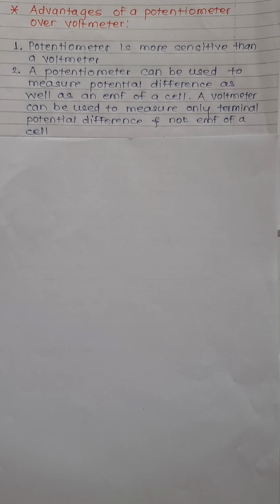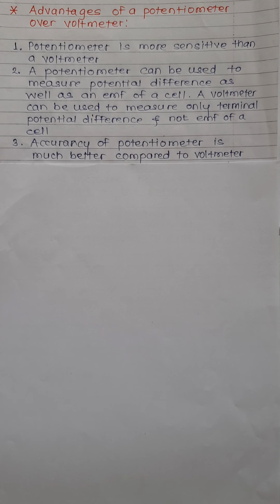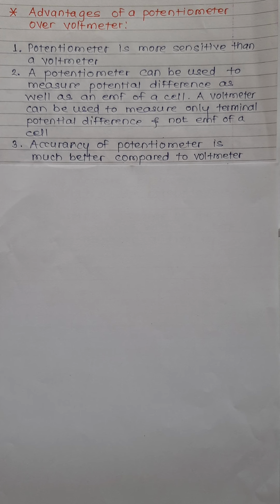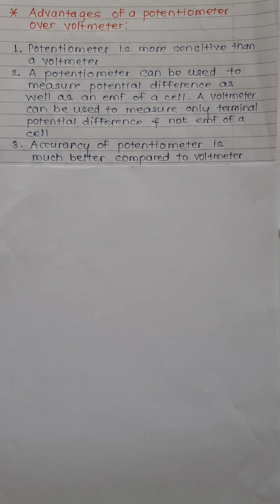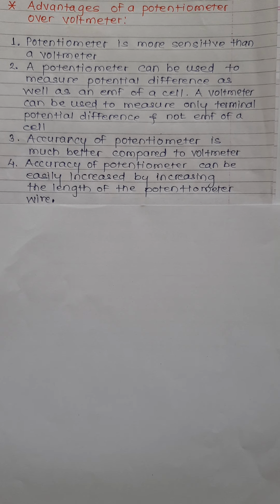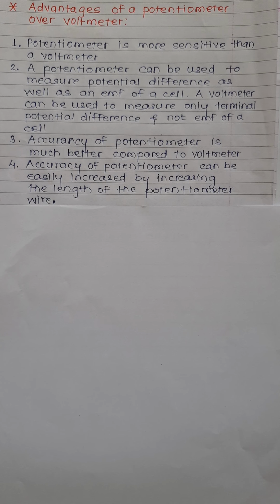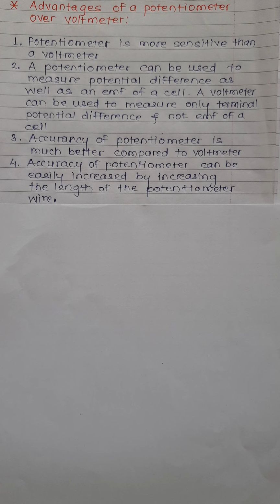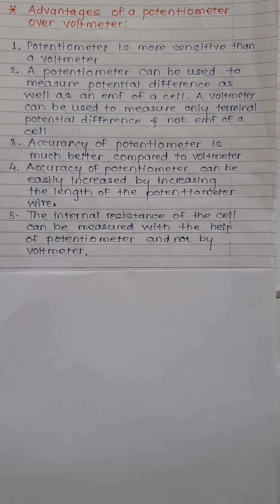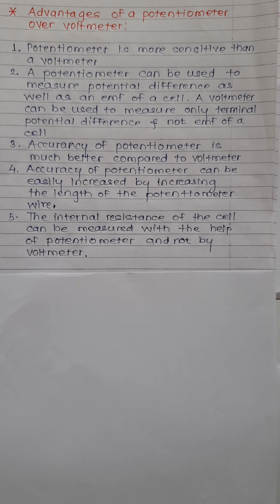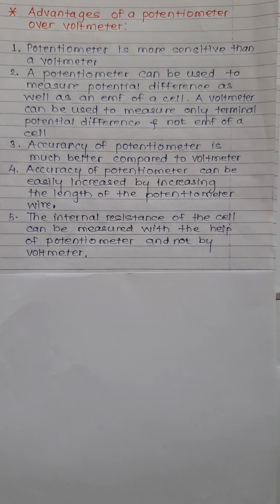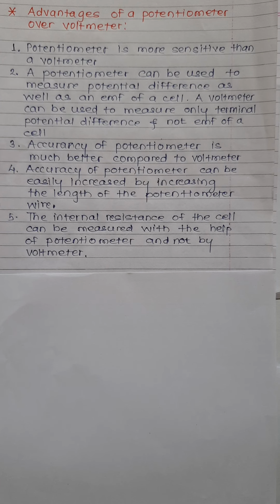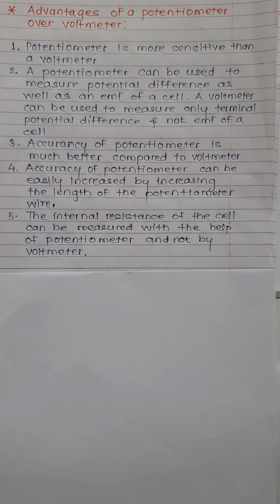It cannot be used to measure the EMF of a cell. Third, accuracy of potentiometer is much better compared to voltmeter. Accuracy of potentiometer can be increased by increasing the length of the potentiometer wire. Fifth one, the internal resistance of a cell can be measured with the help of potentiometer, but a voltmeter cannot be used to measure the internal resistance of the cell.